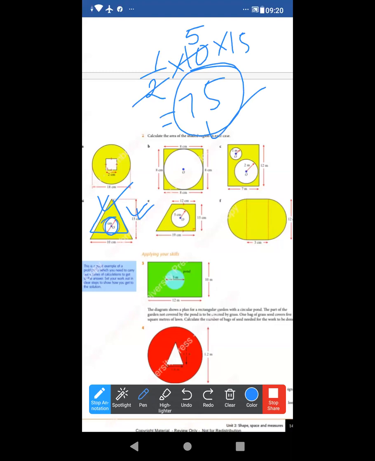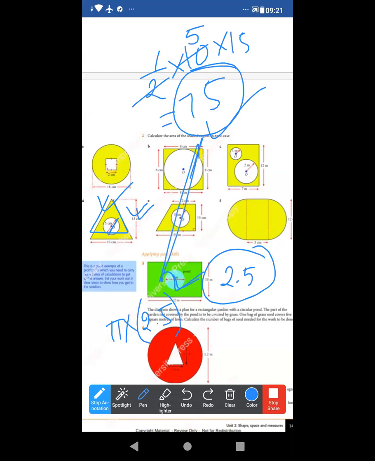It is given 5 centimeter is the diameter of this circle. So what will be the radius? 2.5 centimeter. So just pi into 2.5 whole square. Yes or no? Now we have to subtract. This one is clear? 6.25.